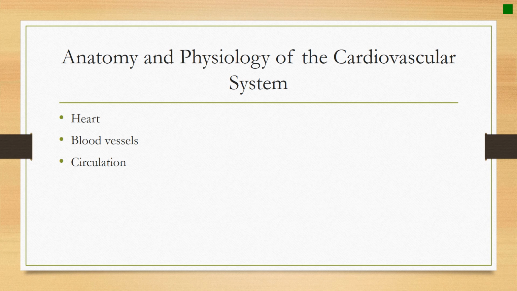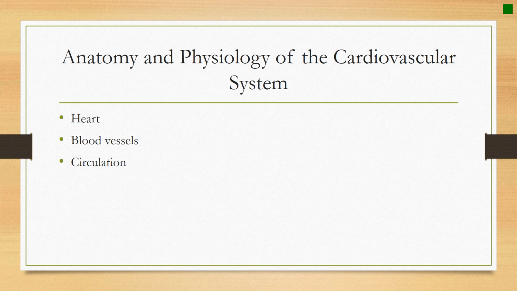The left atrium is going to receive oxygenated blood from the lungs via the pulmonary veins. Then the left ventricle receives oxygenated blood from the left atrium. It's the thickest and most muscular part of the heart, mainly because it has to pump blood to the body, and this oxygenated blood goes out through the aorta to all parts of the body.